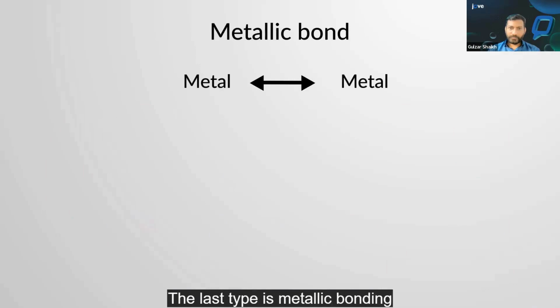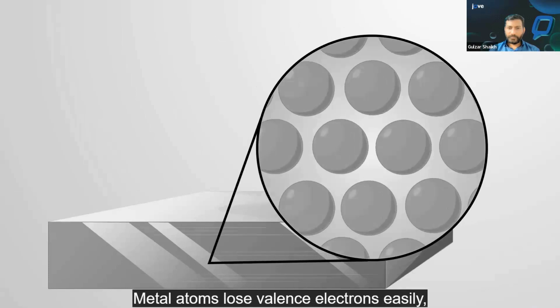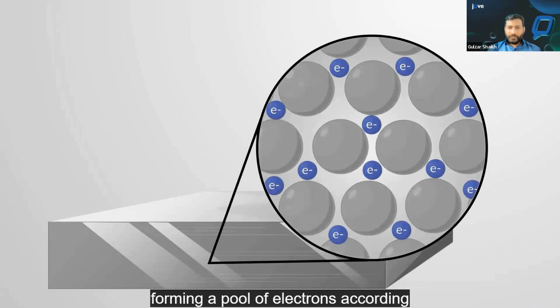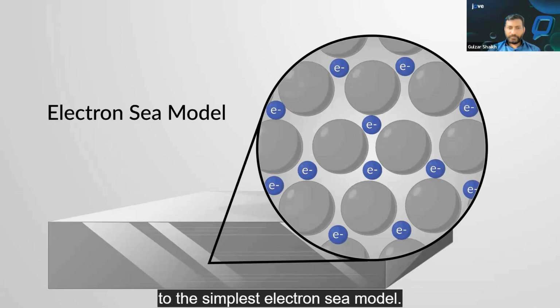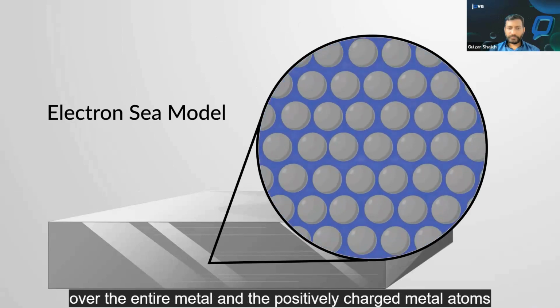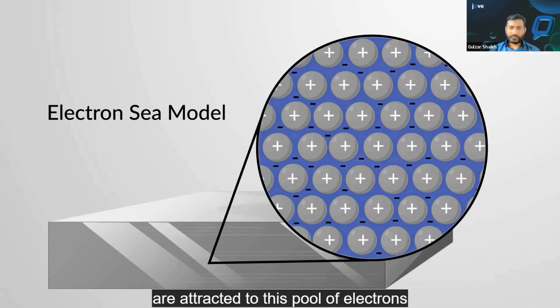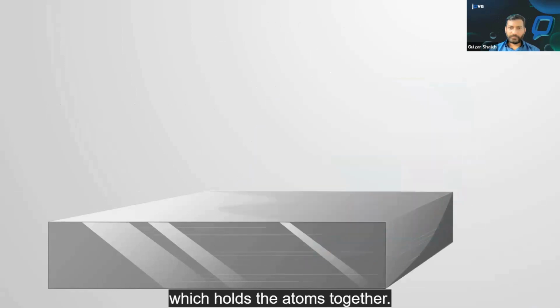The last type is metallic bonding, formed between two metal atoms. Metal atoms lose valence electrons easily, forming a pool of electrons, according to the simplest electron sea model. The valence electrons become delocalized over the entire metal, and the positively charged metal atoms are attracted to this pool of electrons, which holds the atoms together.